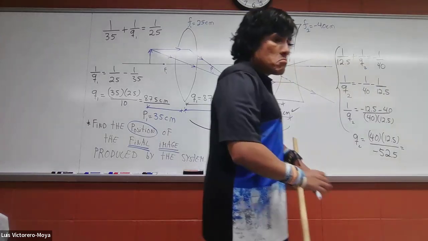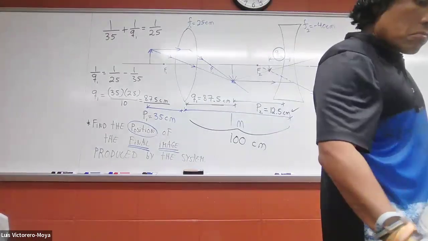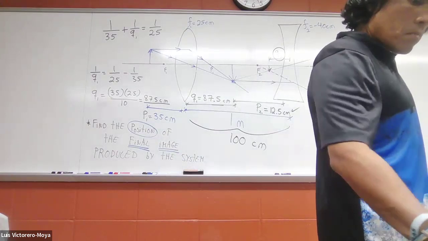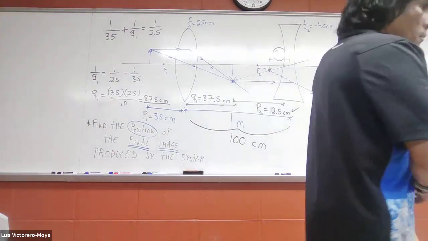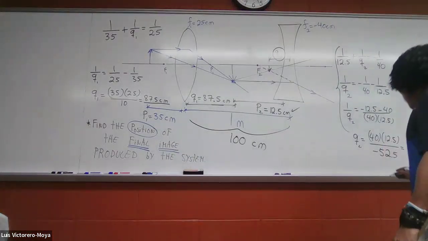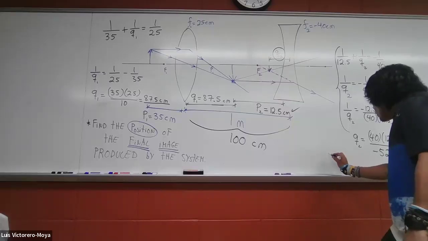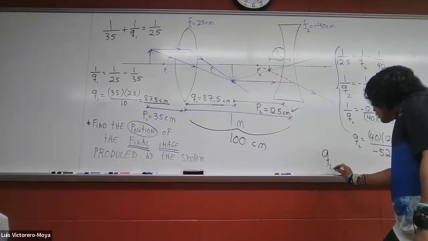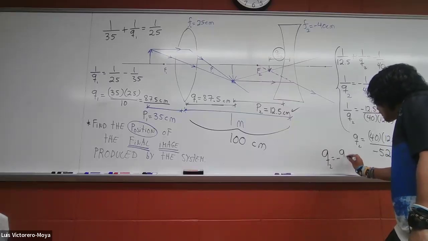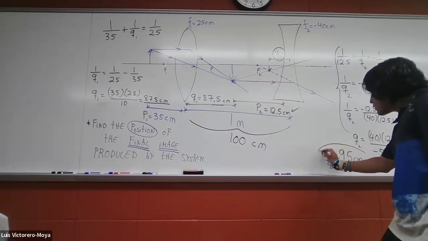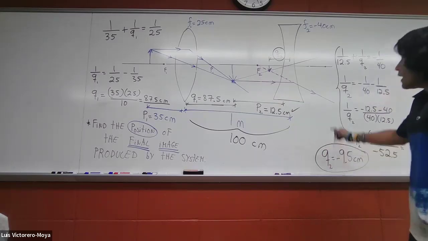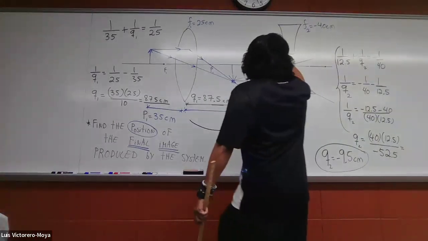All right. Minus negative 9.5. So Q2 is negative 9.5 centimeters. That works.